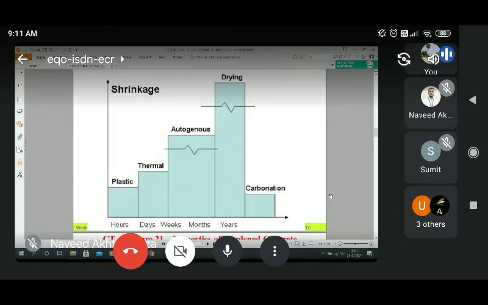You can see the first one is plastic shrinkage, and all the shrinkages cause cracking in the concrete when there are restraints to the volumetric change due to the contraction of the paste.